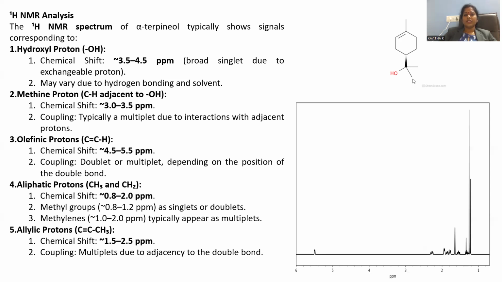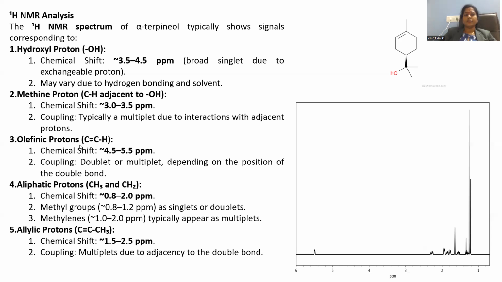The CH protons adjacent to the OH, with methyl and another methyl, both experience some deshielding, so the chemical shift values are shifted to 3 to 3.5 ppm. Those 3 to 3.5 ppm peaks are for these protons, which are deshielded due to the presence of the electronegative hydroxy oxygen.